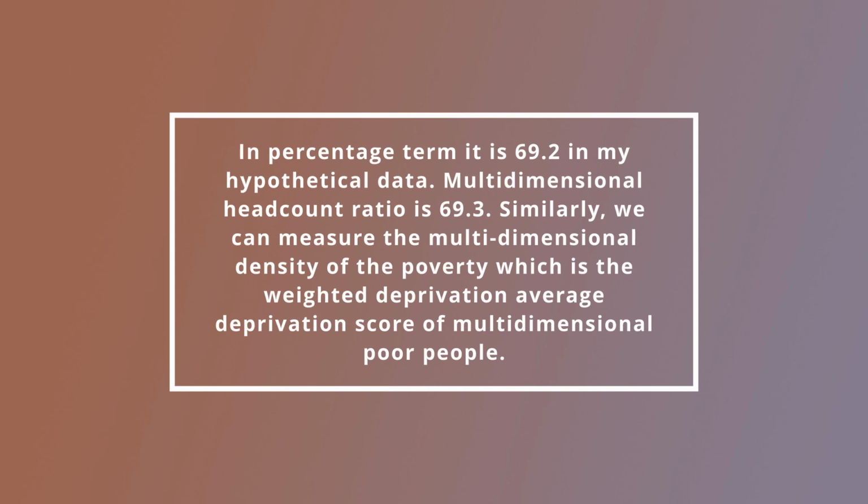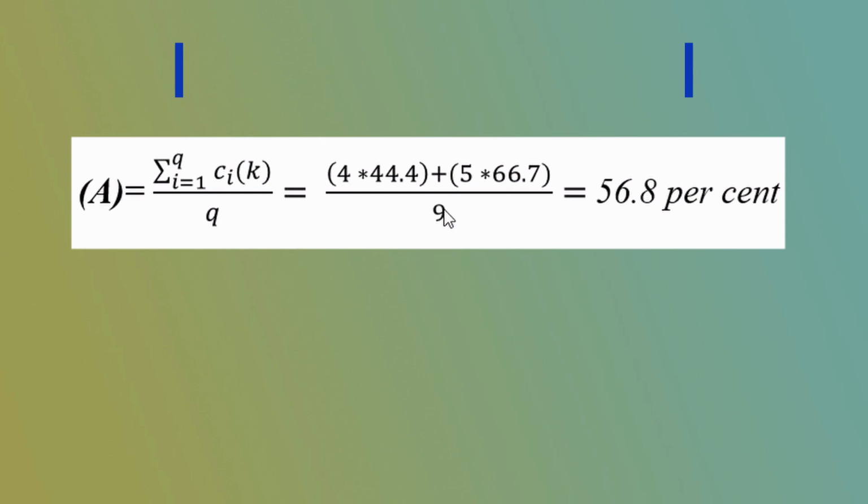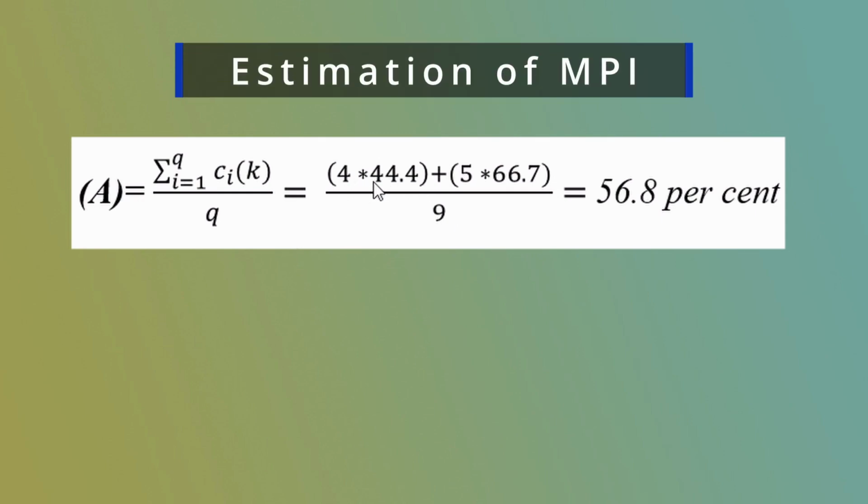Similarly, we can measure the multidimensional intensity of the poverty, which is the weighted average deprivation score of multidimensionally poor people. Here 9 is the number of multidimensionally poor people, and 4 into 44.4, where 44.4 is the aggregate deprivation score of the first household, whose size is 4.